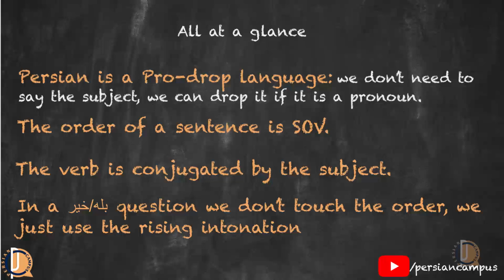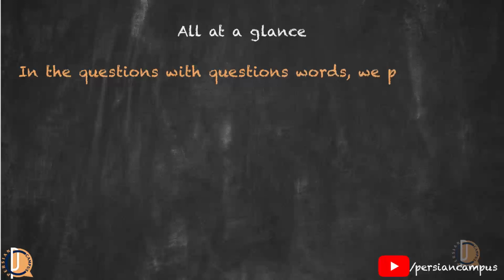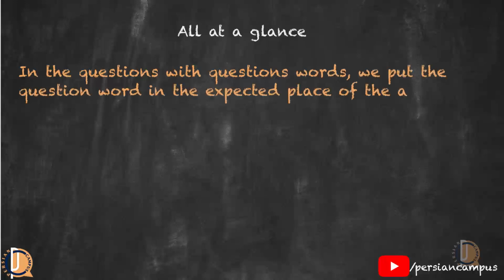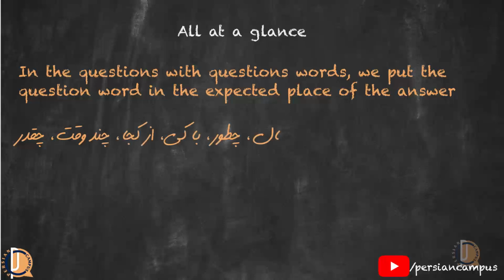We just use the rising intonation. In the questions with question words, we put the question word in the expected place of the answer. The question words are چقدر, چند وقت, از کجا, با کی, چطور, چند سال, چند, کجا, کی.